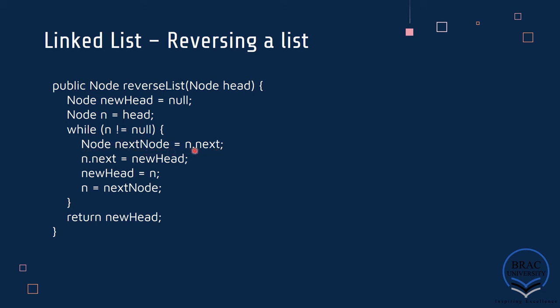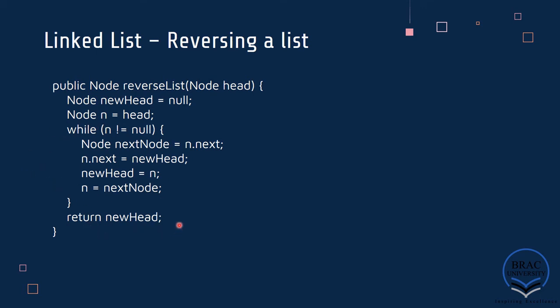So I initially assign next node as n.next, which is basically, if my n is 10, this will be 20. Then I change n.next equals new head. Then I change the reference of the new head to n and change n to the saved address by next node. That's how we go through the loop.